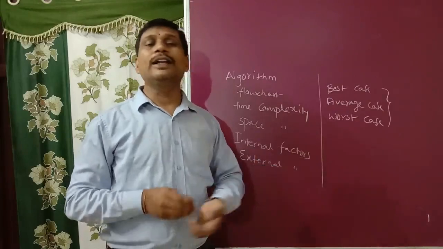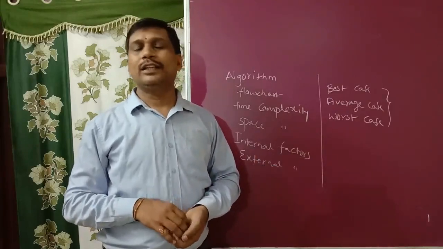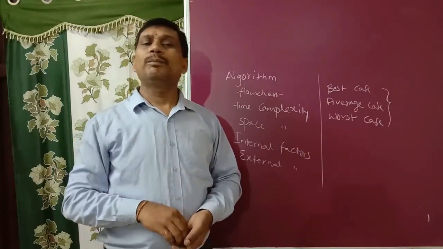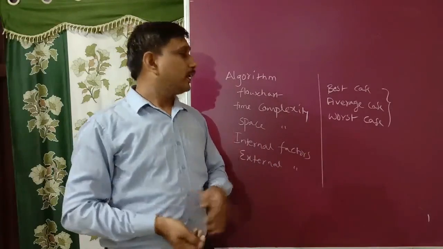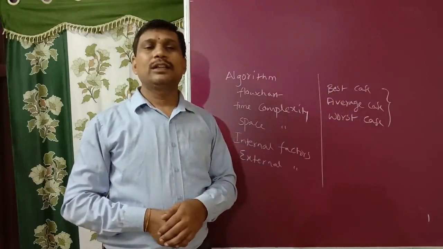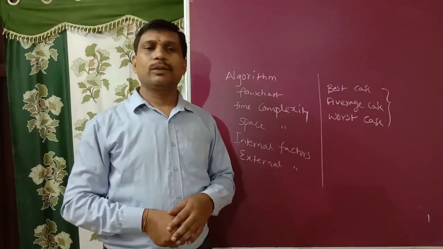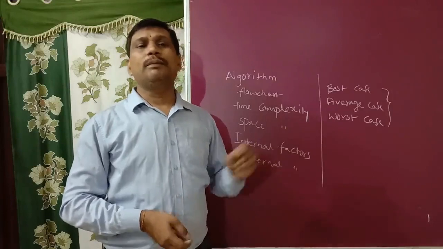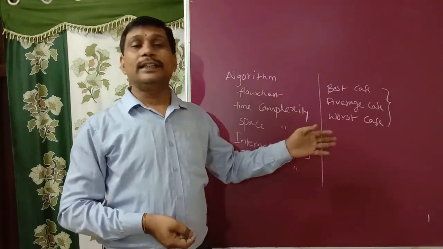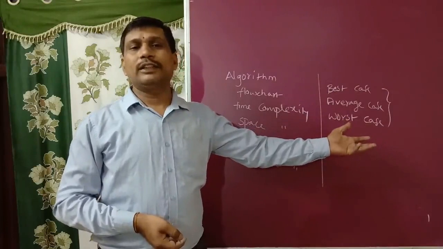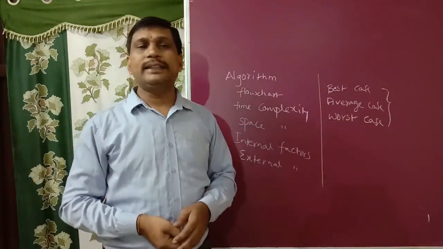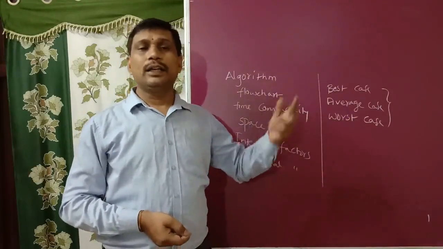We assign constant time to each and every statement of the program. We explained in previous classes, when we are given one number, how we decide whether the given number is prime or not, based on two techniques.